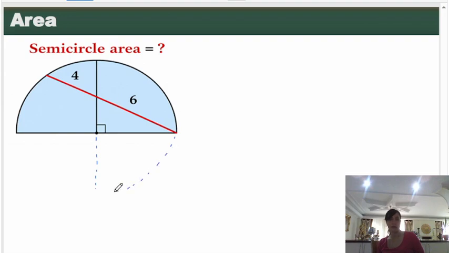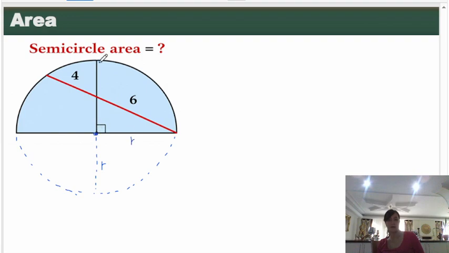So I assume this figure as a whole circle. To find the radius, from the center to the circumference, I have the radius. It would be radius from here to here.